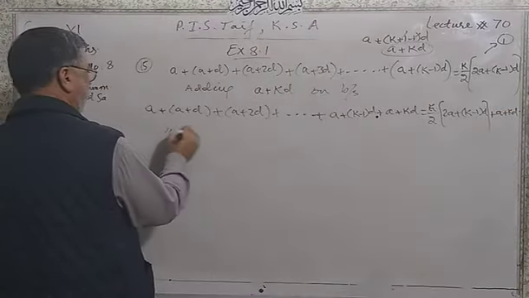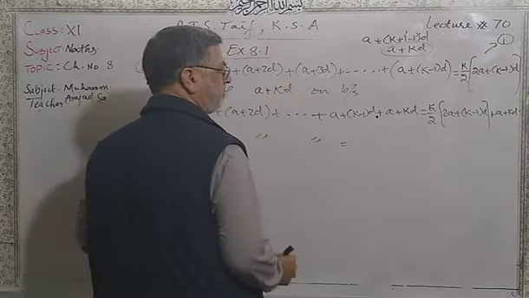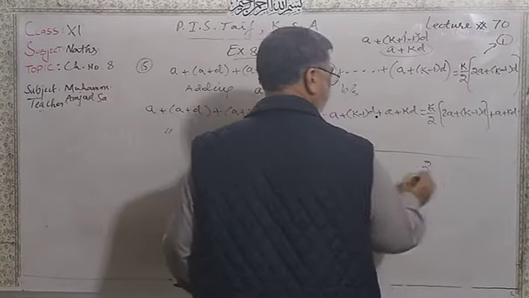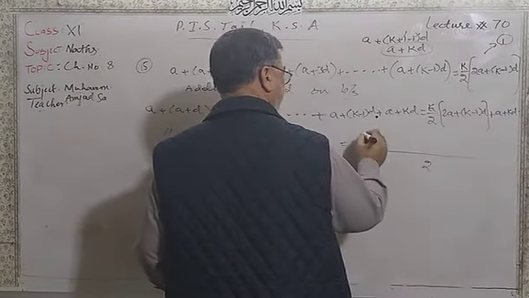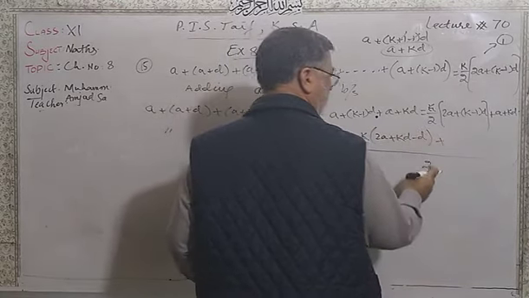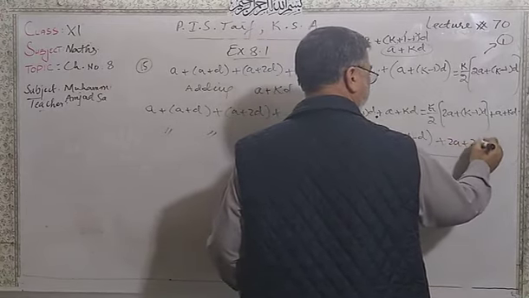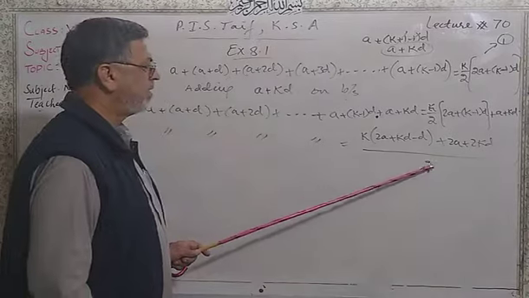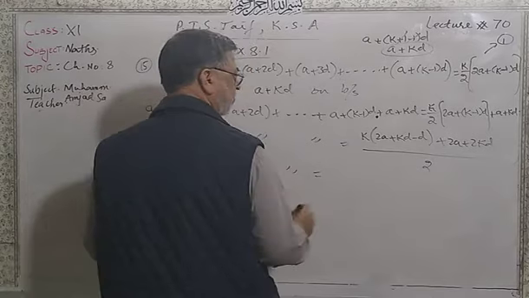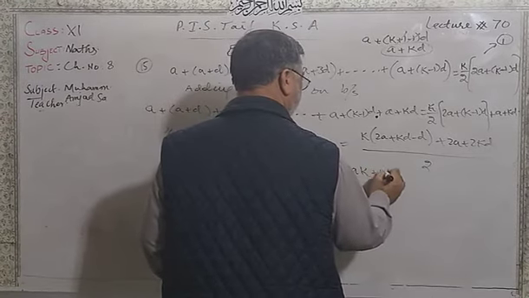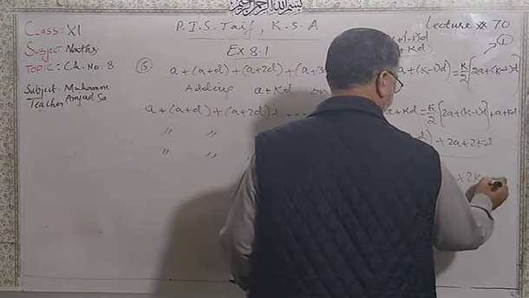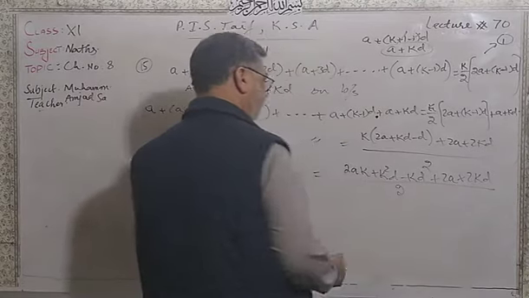Left hand side you have already k plus 1. On right hand side you can have 2 LCM. 2 cancelled out, k into 2a plus kd minus d plus 2 is multiplied here 2a plus 2kd. This 2 is multiplied directly here. Now we can have left hand side as 2ak plus k square d minus kd plus 2a plus 2kd whole divided by 2.